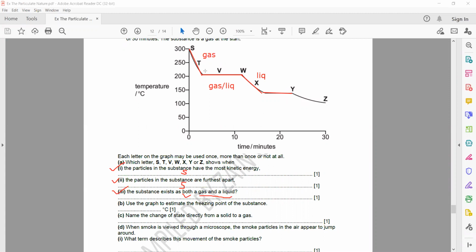It means that there are gas particles which are converting into liquid. So we have both states. And here we will have liquid and solid. And from Y to Z, we will have only solid.